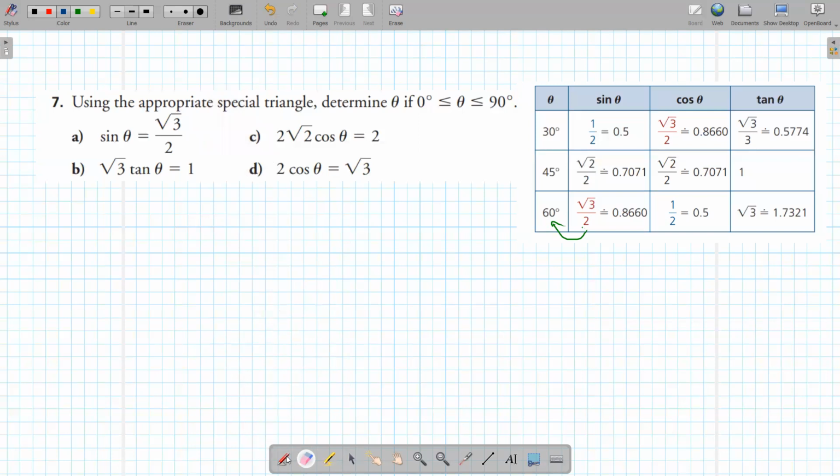What about C? Again, we need to get rid of this guy. What do we do on both sides? You divide.